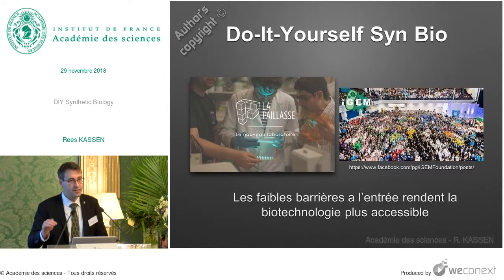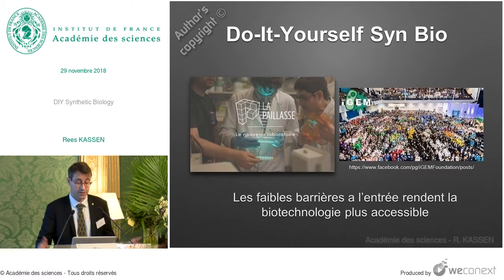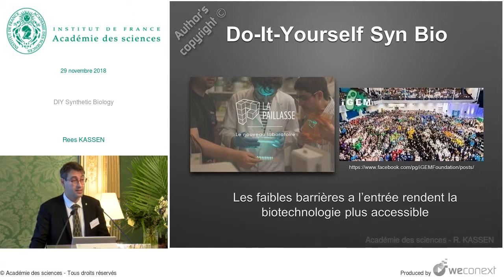But what's happened, importantly, is that despite all of those challenges, the barriers to entry are falling in this space. And so we've seen the rise of what we call do-it-yourself synthetic biology. On the left is an example from here in Paris, La Paillasse, which is a community-based synthetic biology lab.